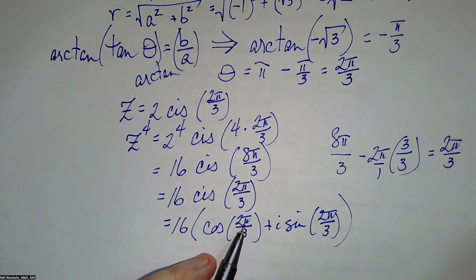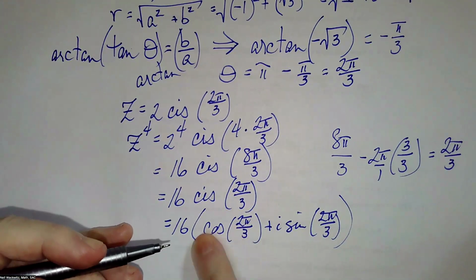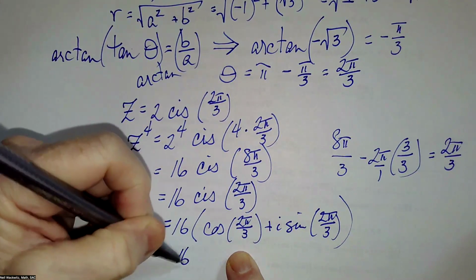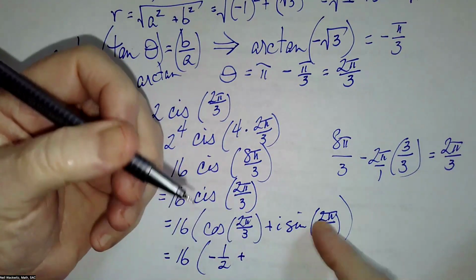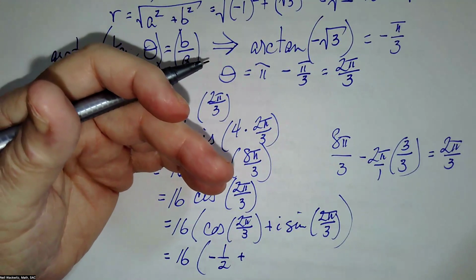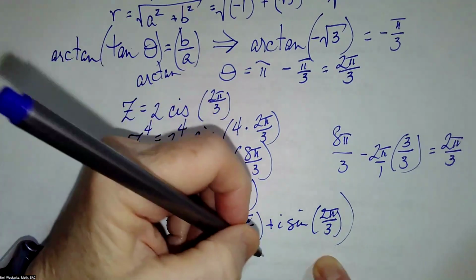The cosine of 2 pi over 3, let's see, cosine is negative in quadrant 2, and cosine of pi over 3 is 1/2. So we get negative 1/2 plus, and we know that if one of them is 1/2, the other has to be square root of 3 over 2. In quadrant 2, sine is positive.